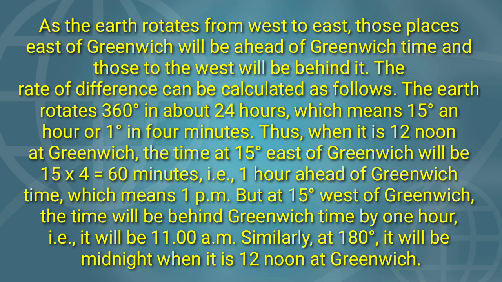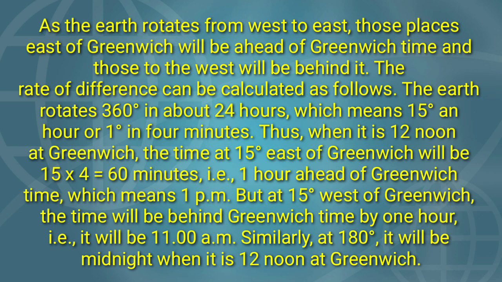The earth rotates 360 degree in about 24 hours, which means 15 degree an hour or 1 degree in 4 minutes. Thus, when it is 12 noon at Greenwich, the time at 15 degree east of Greenwich will be 15 into 4 equal to 60 minutes.